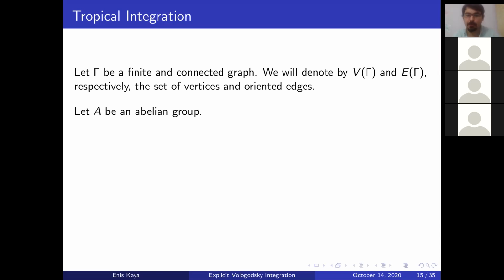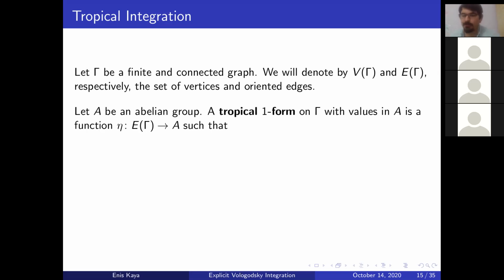Here we have an abelian group A, and a tropical one form on gamma with values in A is a function from the set of oriented edges to A, such that eta of minus a equals minus eta of a, where minus a is the same edge with the reverse orientation. Recall that we consider edges as oriented edges.